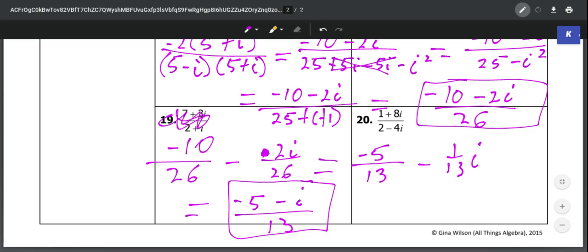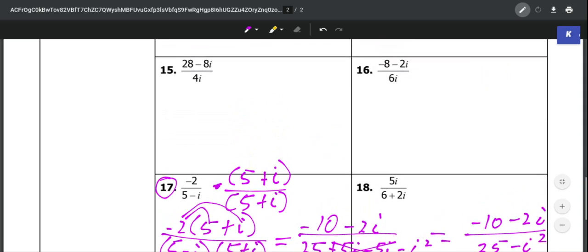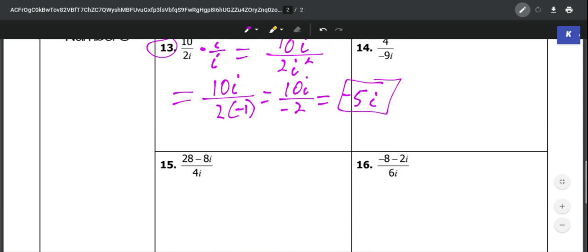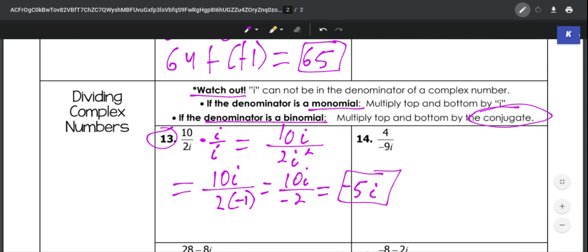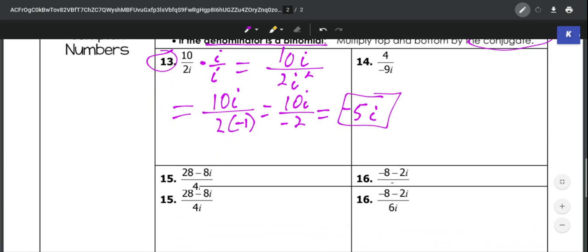We'll probably go over an example of doing the full method with this, because sometimes you've got to FOIL the top and the bottom, and it makes it a little more complicated. But that is how you would multiply by the complex conjugate when you have i on the bottom.